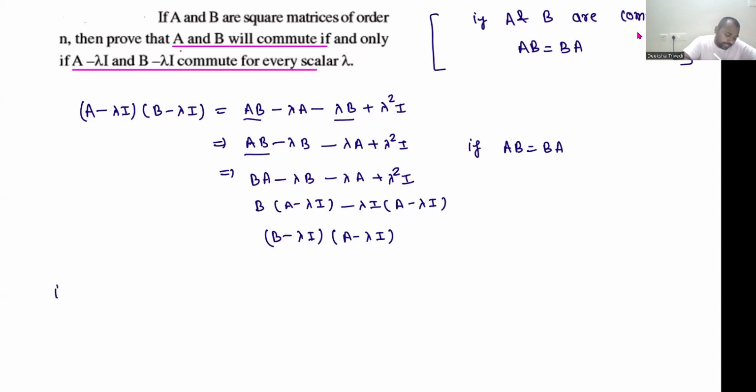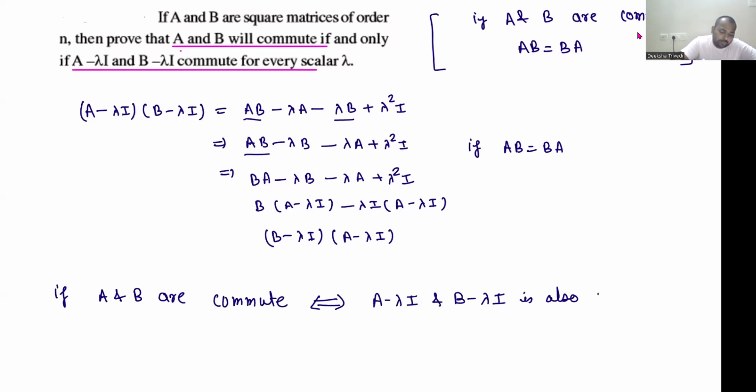If A and B are commuting matrices, then this implies A minus lambda I and B minus lambda I also commute.